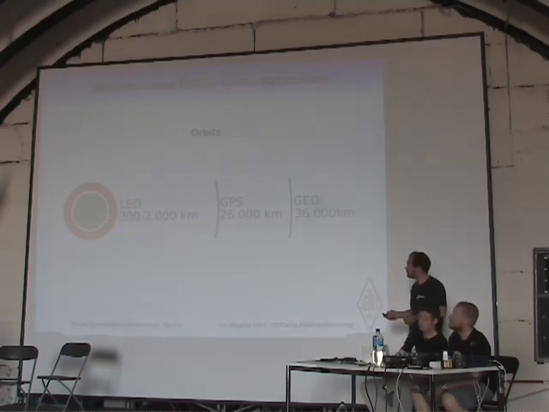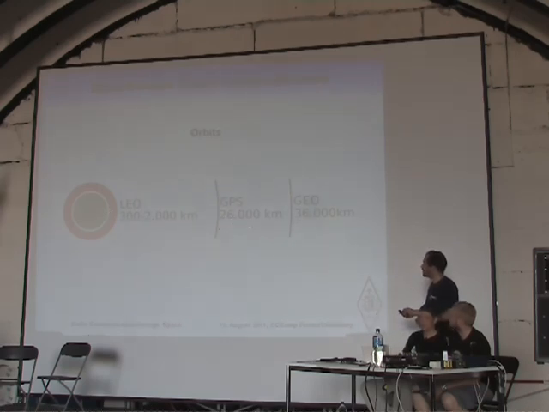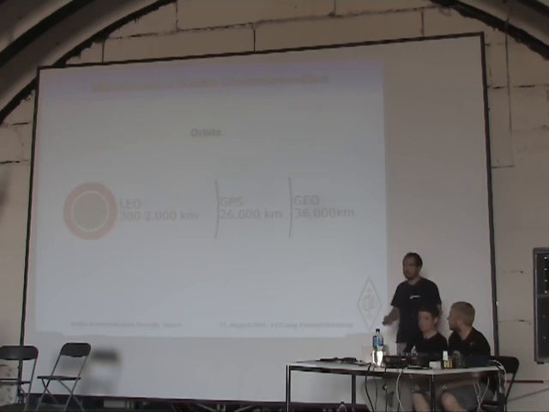That's the area where most of the amateur radio satellites are, and which is easy to reach because you don't need so much energy to get up. GPS is much higher at about 26,000 kilometers. Geostationary satellites like TV satellites, Astra, here in Germany and Austria is very popular, are at 36,000 kilometers.